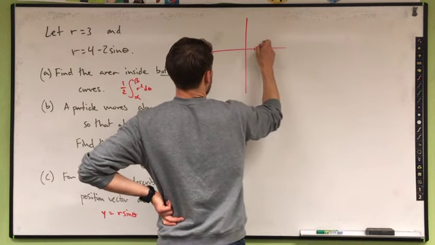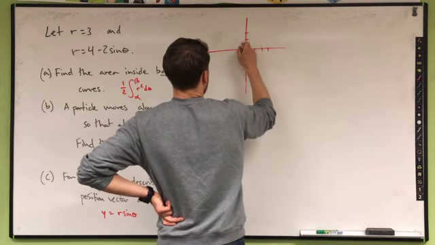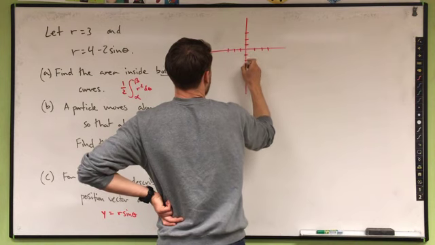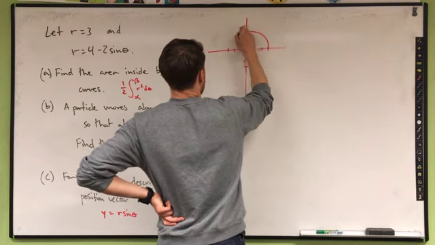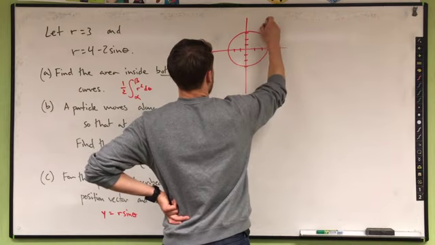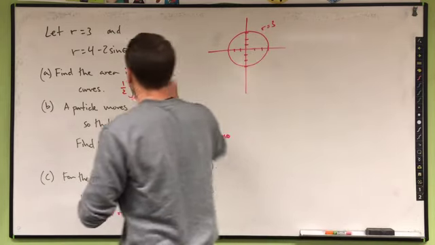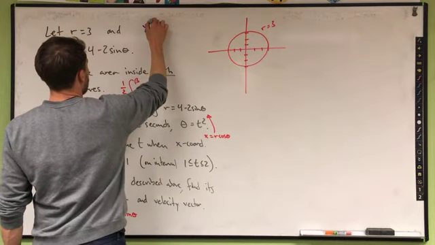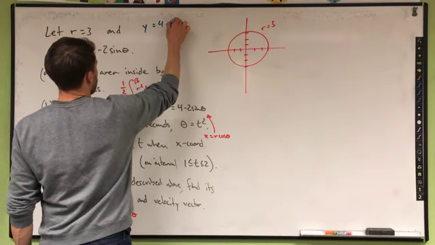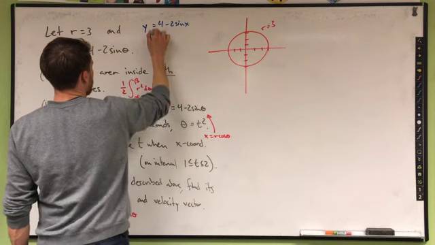So at every angle, your radius is 3, which means you just have to stay at 3 the whole time. So that's r equals 3. Now, 4 minus 2 sine theta, again, I like to look at y equals 4 minus 2 sine x and think about what that looks like.